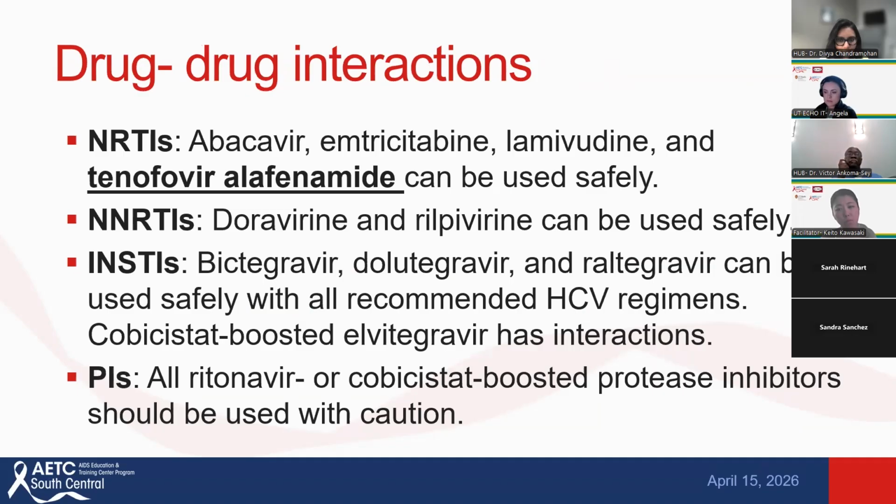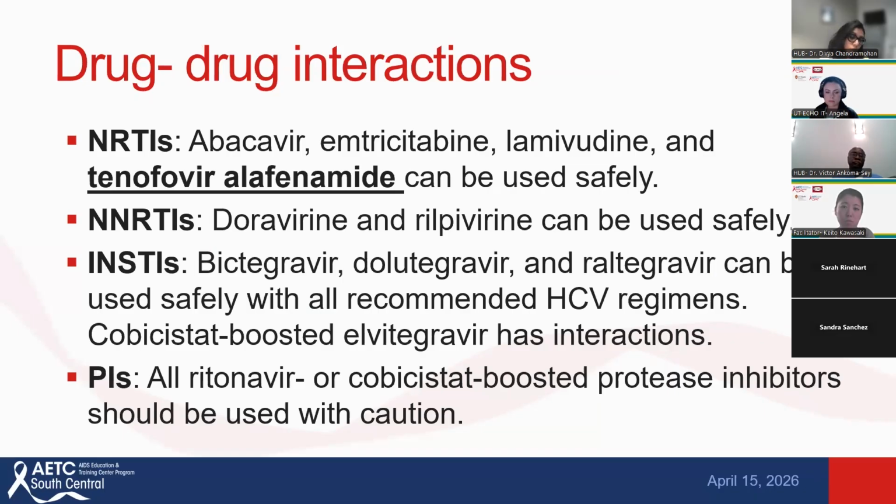As far as drug-drug interactions with HIV regimens are concerned, the most commonly used drugs which you see on the market will usually be an integrase inhibitor and a nucleoside reverse transcriptase inhibitor, or NRTI. So those are the most important things for you to remember. As far as the integrase inhibitor, which is abbreviated INSTI on the slide, bictegravir, dolutegravir, and raltegravir are the most commonly used these days, and they can be used safely with all recommended HCV regimens.